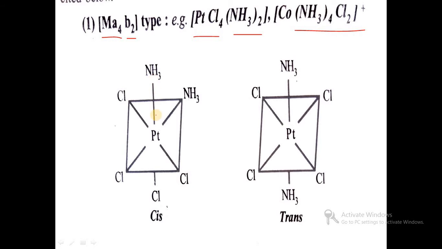In the complex Pt(Cl)4(NH3)2, if we keep NH3 adjacent to each other, we get the cis isomer, and if we keep the NH3 groups opposite to each other, we get the trans isomer. So these are the cis-trans isomers for Pt(Cl)4(NH3)2. Similarly, we can arrange cis-trans isomerism for Co(NH3)4Cl2.